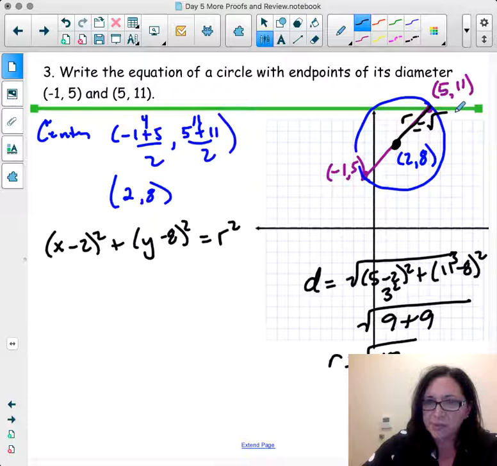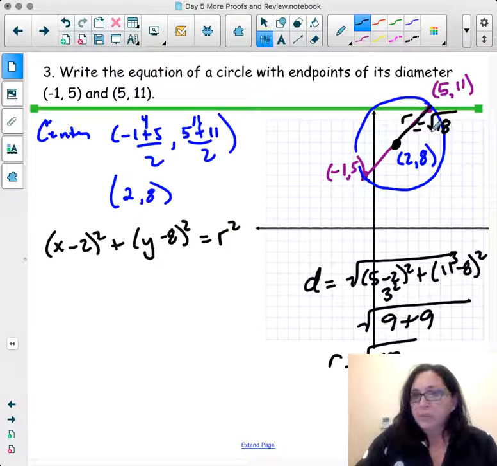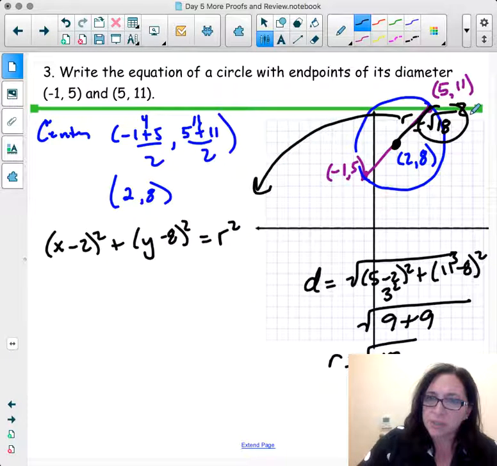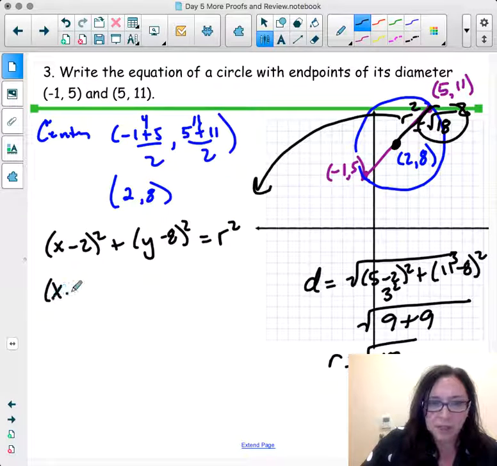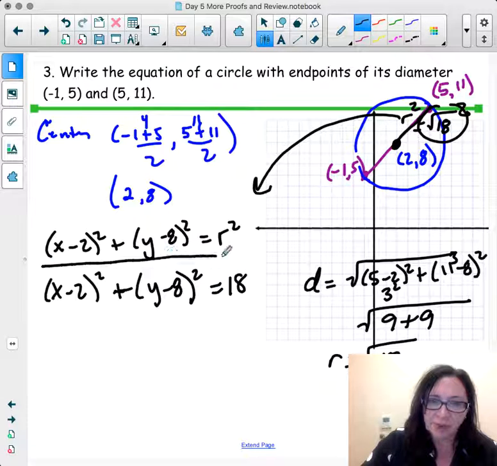So my radius is the square root of 18, and I know that breaks down, but don't do that, because again, I'm looking for r squared. So what I want to do is take this number here and square it in order to find r squared. So my final answer is x minus 2 quantity squared plus y minus 8 quantity squared is equal to 18. And that's my final answer.